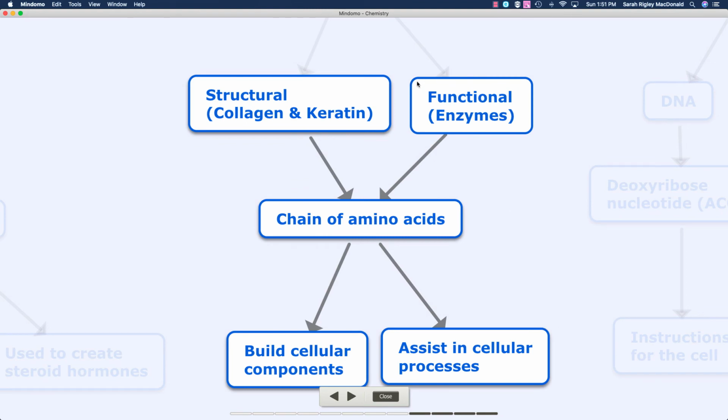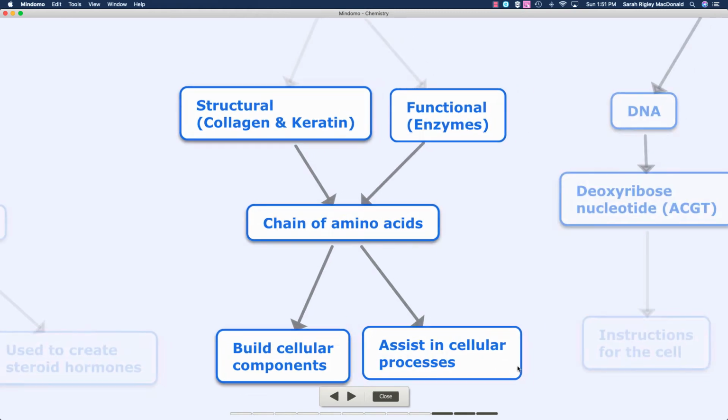So again, both categories are made up of the same components, namely a chain of amino acids. And our structural proteins build cellular components. Our functional proteins will assist in cellular processes, whether that's as a channel, a receptor, or an enzyme.